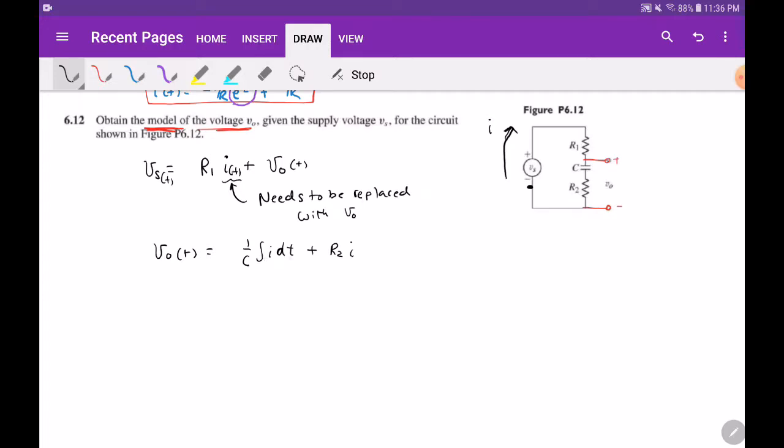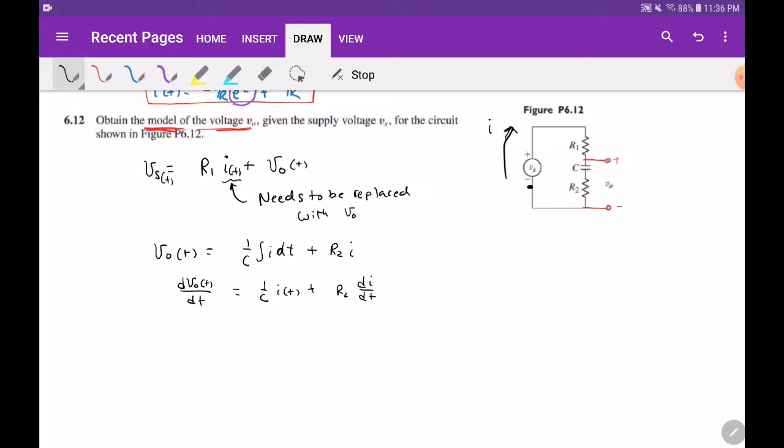I don't like to use the integral sign, so I'm going to differentiate once. So dV out over dt equals 1 over C times I plus R2 times dI over dt.